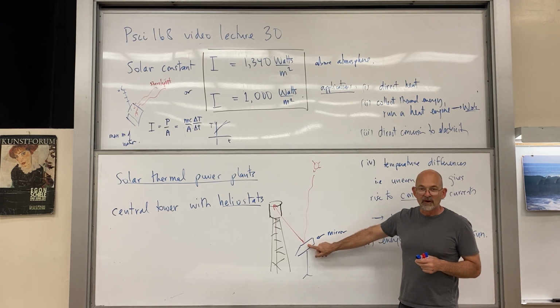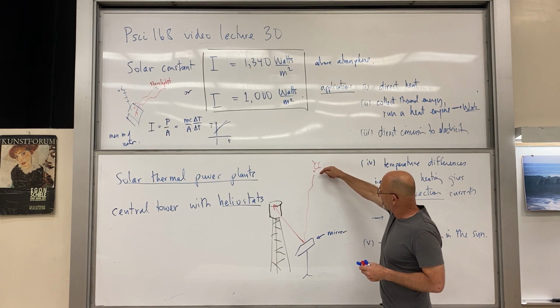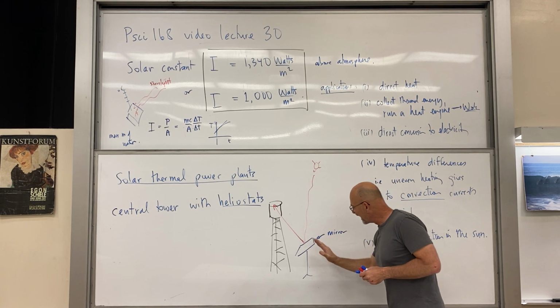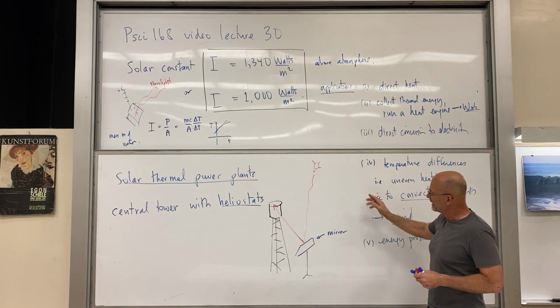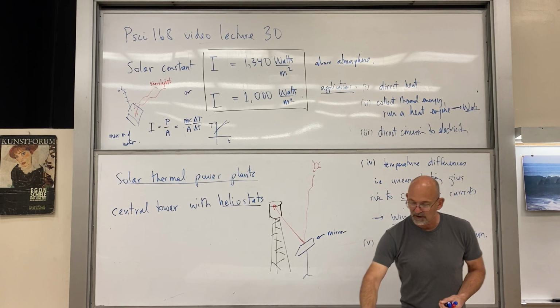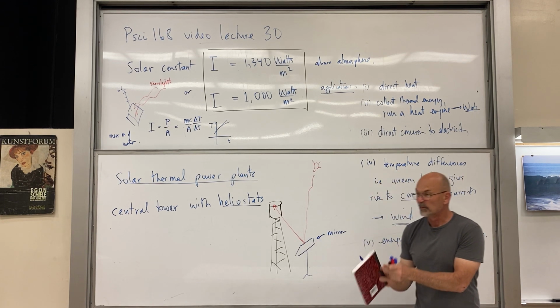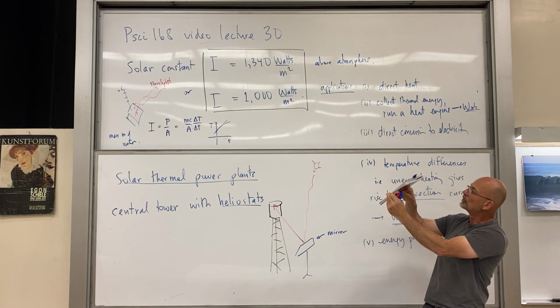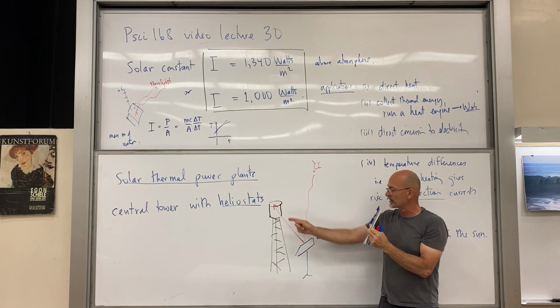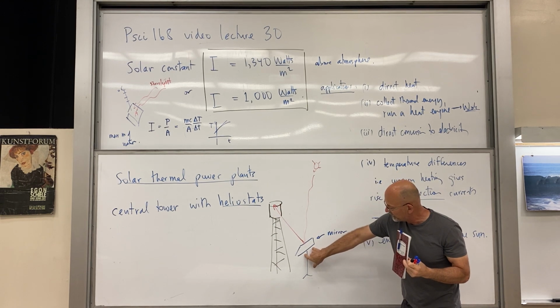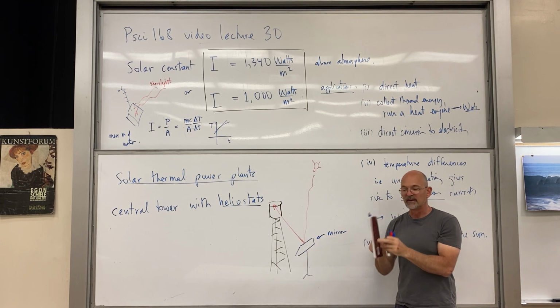There's not just one mirror, there are many of them, but the idea is they reflect the sunlight and it is aimed at the central tower. In fact, as the sun crosses the sky, those heliostats that are reflecting the sunlight, they move in such a way as to keep reflecting it to the central tower there. So they actually are motorized so that they move with the sun.